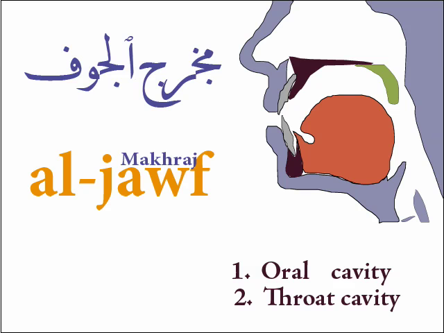As you know, there are many letters in the Arabic language. How are they distributed through the parts of the body from which the sounds exit? The ulama have decided that knowing the makhraj is very important, because we cannot recite the Quran without knowing the makhraj of letters such as zal or dha.